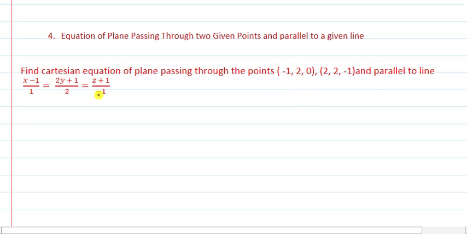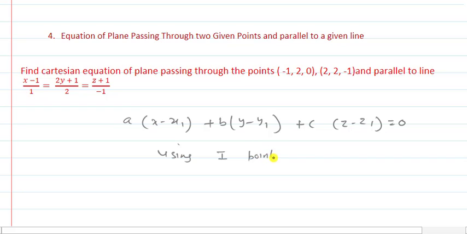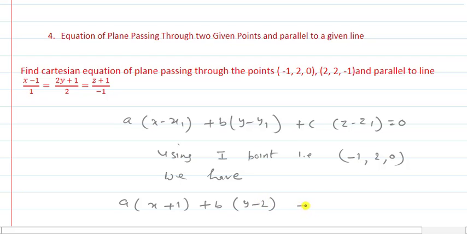So using equation a into x minus x1 plus b into y minus y1 plus c into z minus z1 is equal to 0, using first point, that is -1, 2 and 0, we have a into x plus 1 plus b into y minus 2 plus c into z minus 0 is equal to 0.